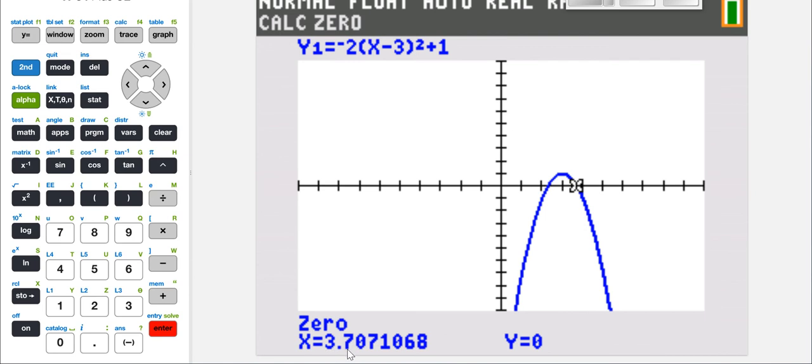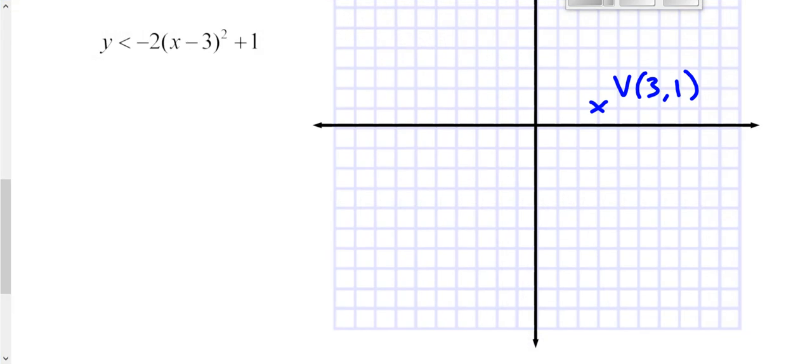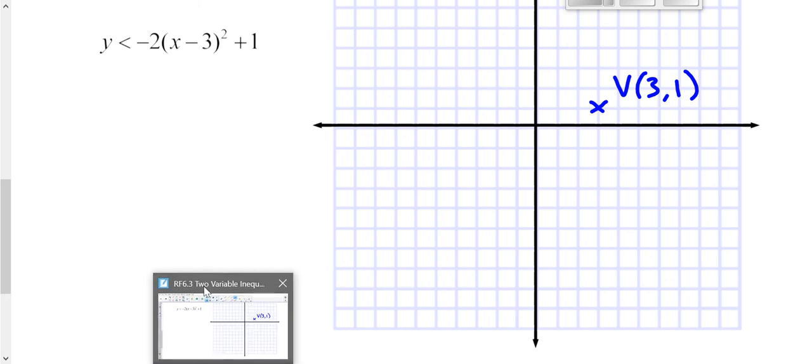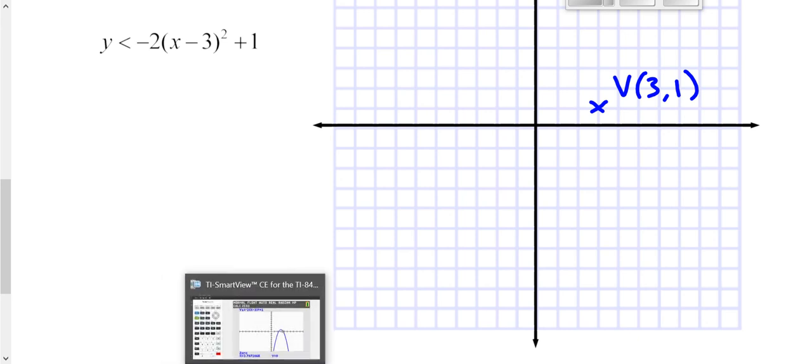If you want, you can plot this: 3.71, 3.7 and 0. 1, 2, 3 and 4, so 3.71 is somewhere around there. That's one way. I think I did something like that in the last lesson, and if you want, you can do it this way.